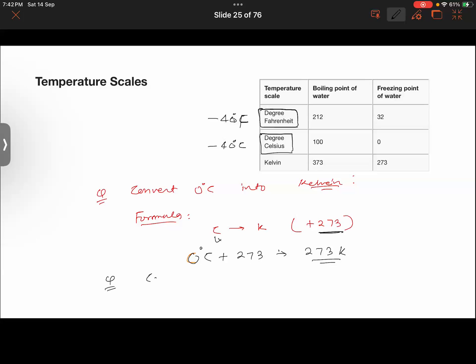Let's say now you have to convert 5 degrees Celsius into Kelvin. To convert from Celsius to Kelvin, we simply add 273. So again, you do the same thing: 5 degrees Celsius plus 273. That will be equal to how much? 278 Kelvin. Getting it, both of you?